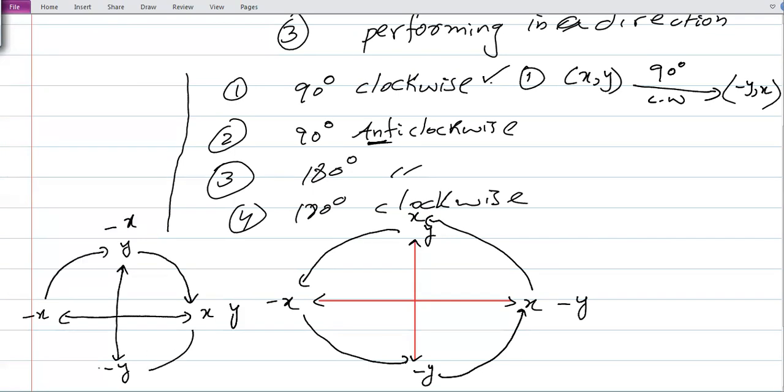In the same way, this will be here and this will be here, but mostly we need this. It means if you have xy and you do the rotation 90-degree, sorry, this is anti-clockwise. This one we did is anti-clockwise. I'm really sorry. And this is clockwise. This one is clockwise. So for clockwise, what will happen? xy will become y, minus x.